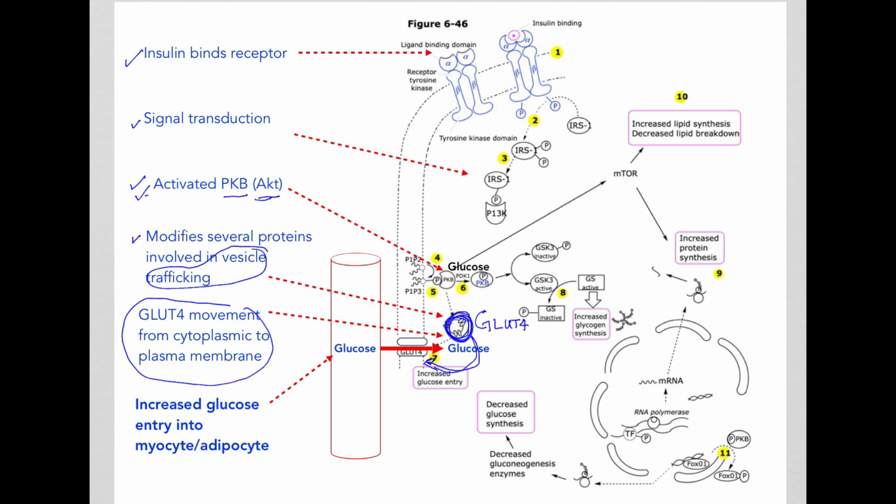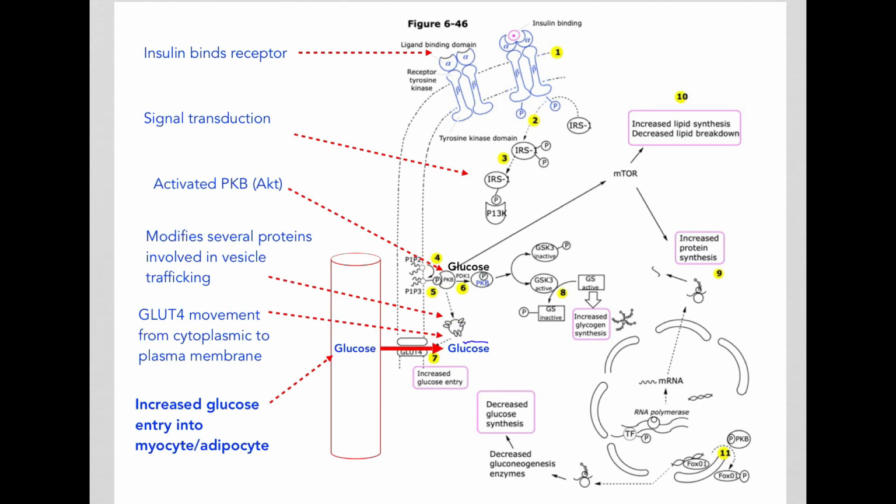So GLUT4 will now get incorporated in the plasma membrane, and now the glucose in the bloodstream can start entering the muscle cell, myocyte, or the adipocyte. So this is an example of insulin affecting the sequestration of a protein within a certain compartment.